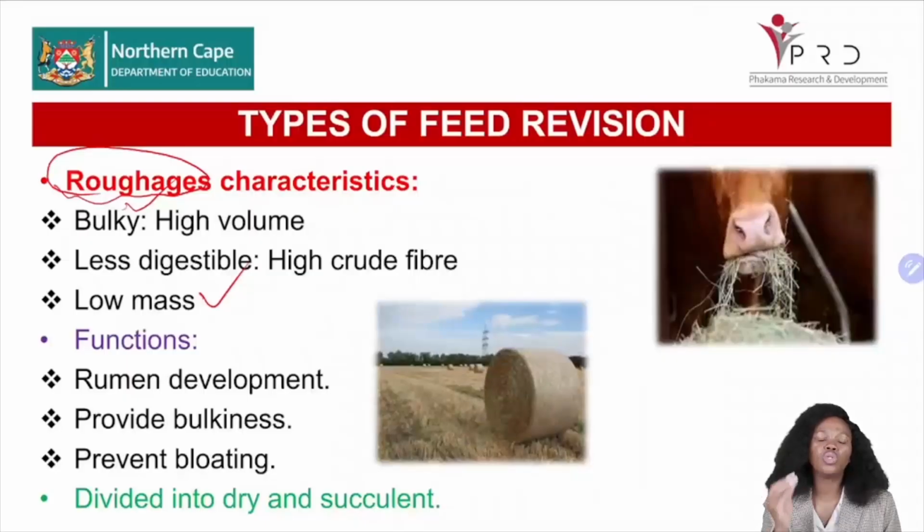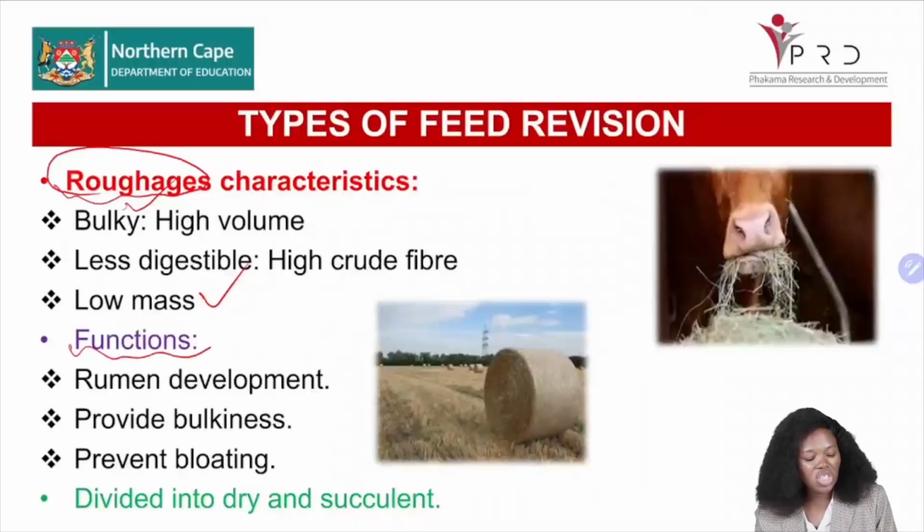They have low total digestible nutrients. Their digestibility is less than 60%. Most of the time it is less than 60%, and that is why most roughages are supplemented. Why? They are less digestible.